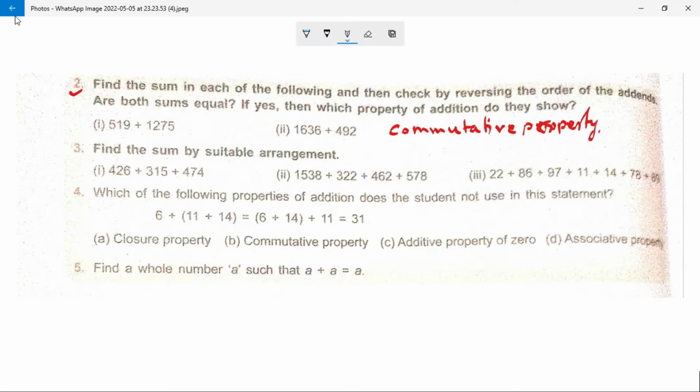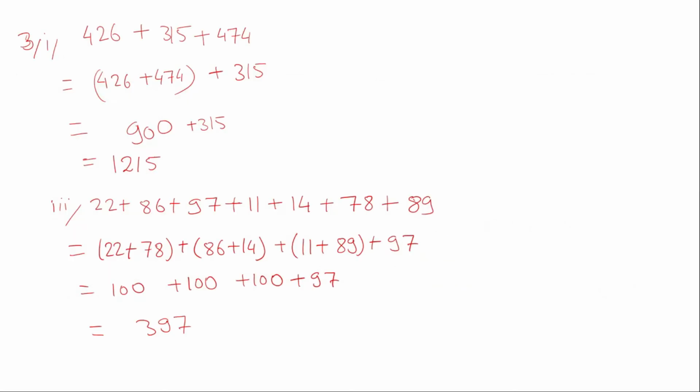Okay, so in question number 3, find the sum by suitable arrangement. So we will solve part 1 and part 3. So let's check how I am solving. In question number 3 part 1, we have to associate the numbers, and we will try to make a multiple of 10 or 100 or 1000 if possible.